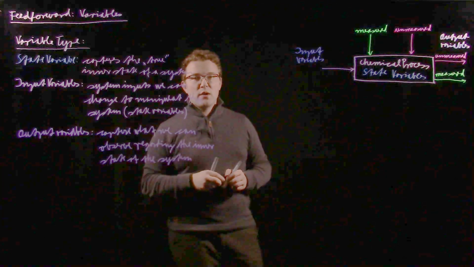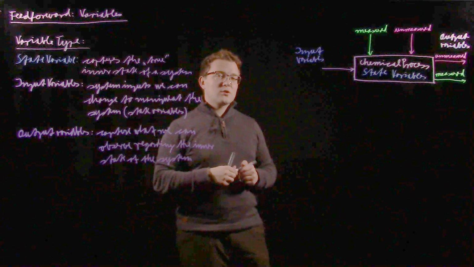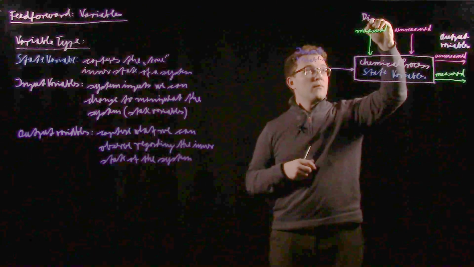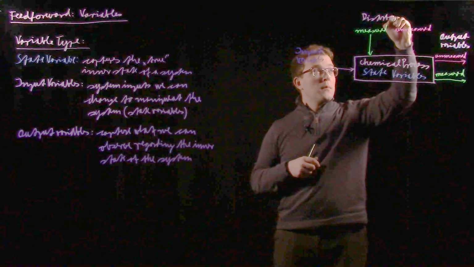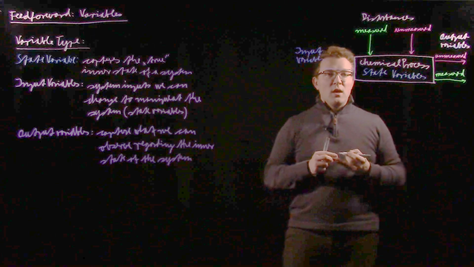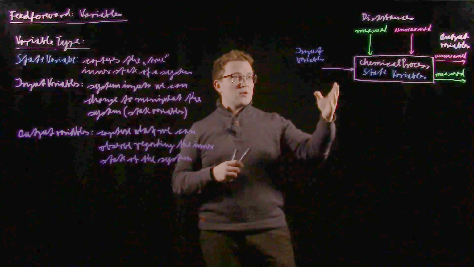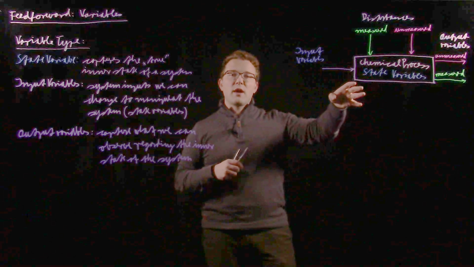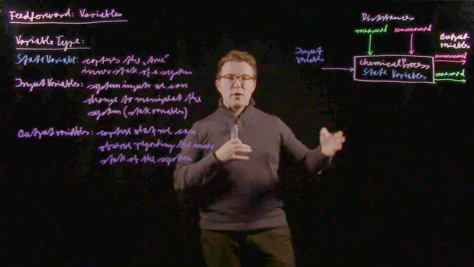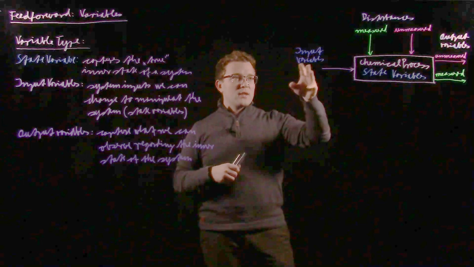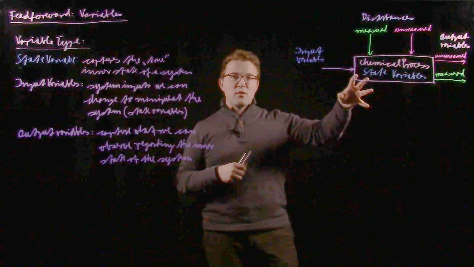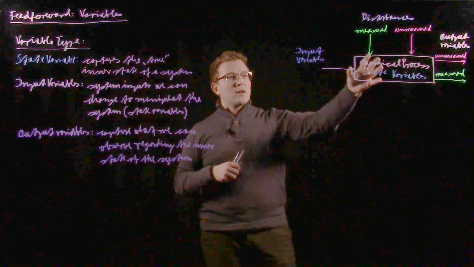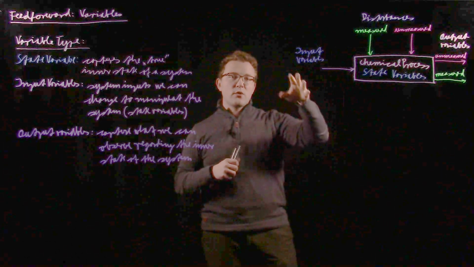But of course, we are not living in an ideal world. Therefore, we also have the disturbances. And these disturbances are inputs into the system, like the input variables, but we can't control them. So they are random processes, noise, and other stuff, which influences what is happening in the system, but these are variables we can't control, and therefore they are different from the input variables, which we can control.